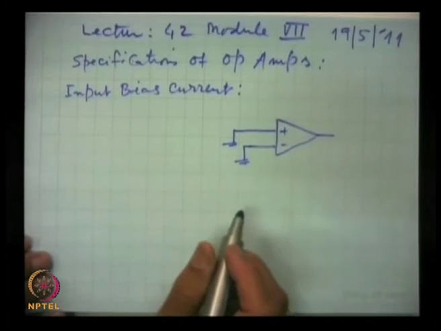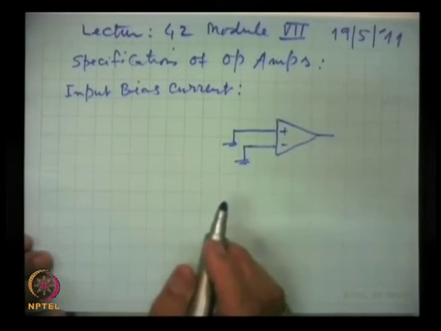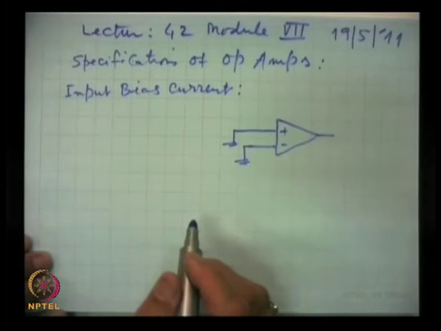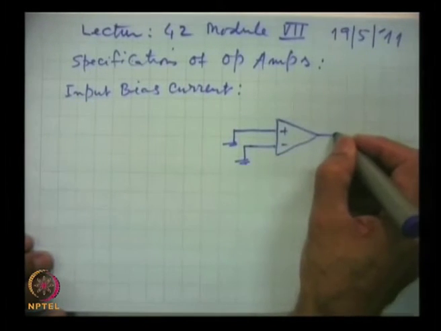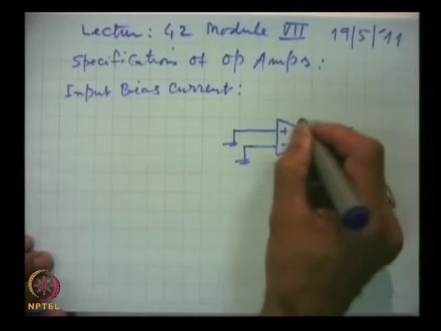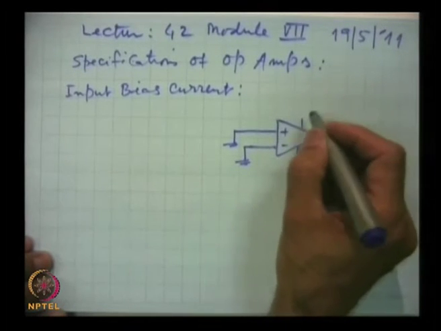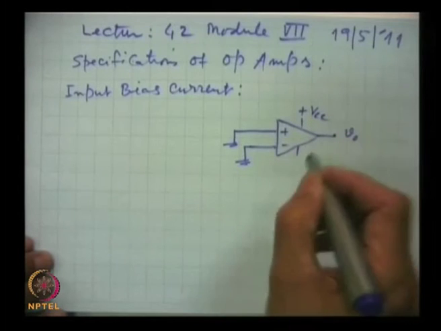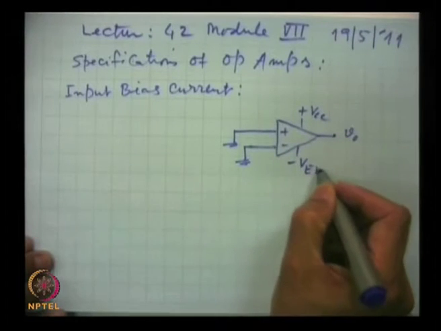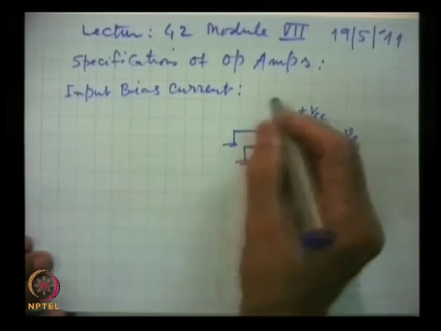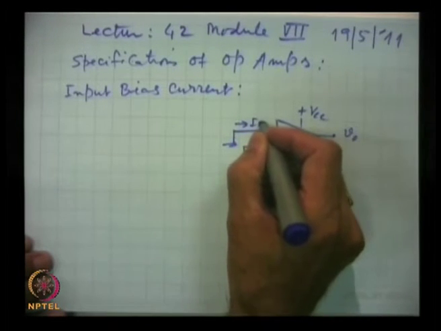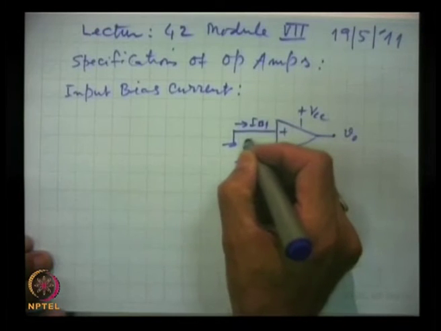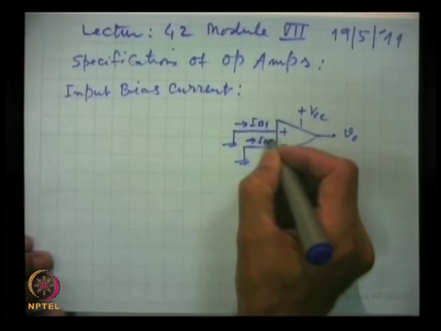When we do not attach any external voltage at the inputs, even then some output is observed in op-amps, and this is the base current IB1 and IB2.